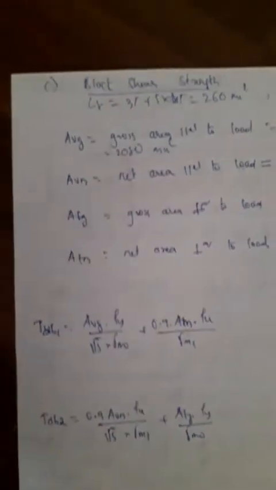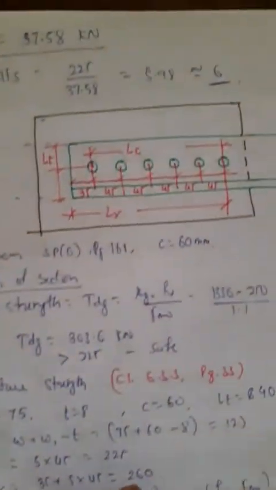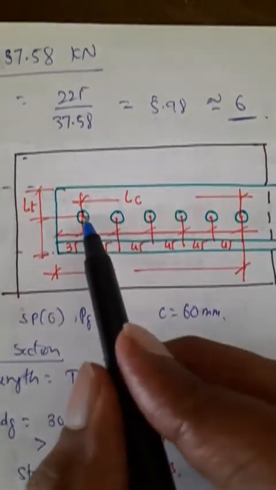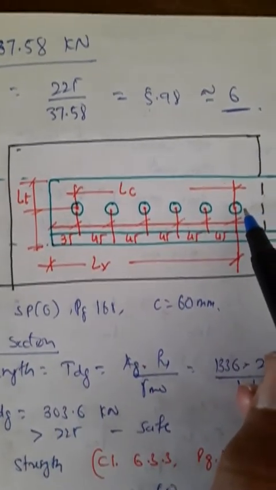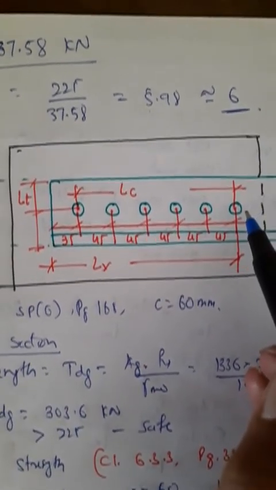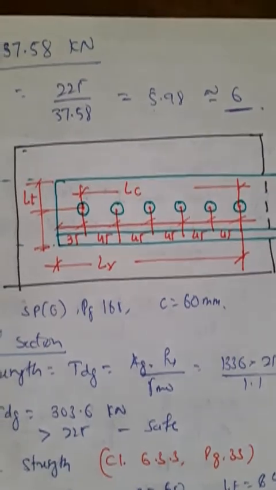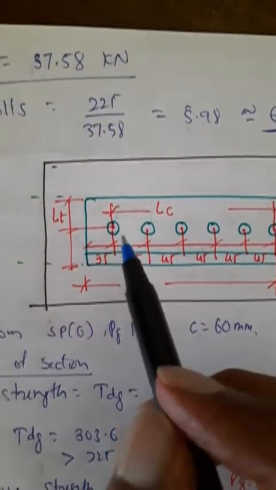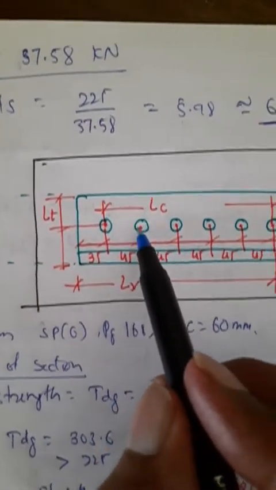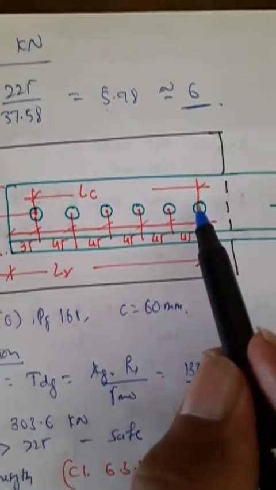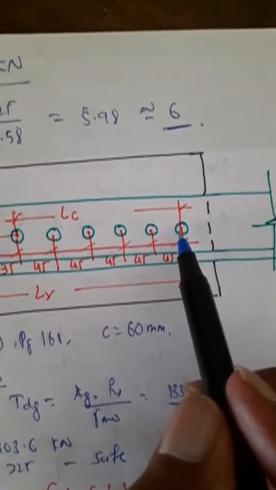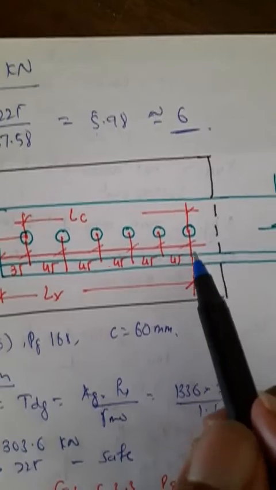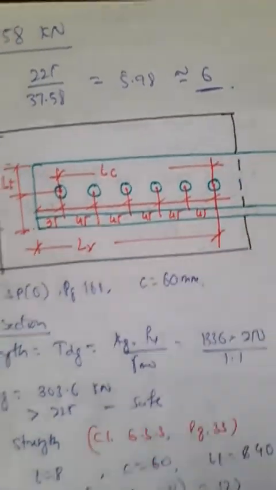Now AVN, net area parallel to load. Now just look at the diagram here. So parallel to load is this direction, and in this direction I have to calculate how many number of bolts. So number of bolts here are 1, 2, 3, 4, 5 and half of this. So 5.5 bolt holes you have to subtract from LV.